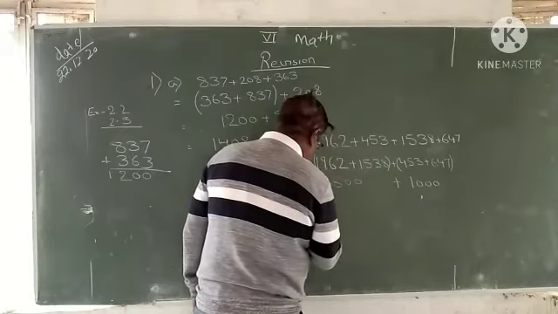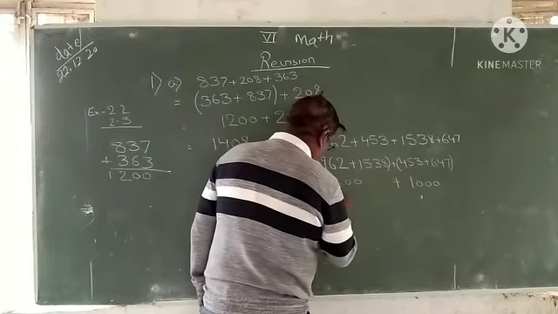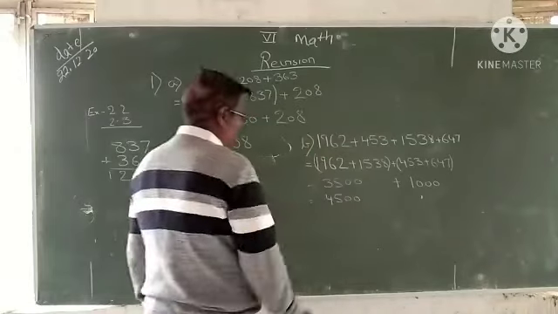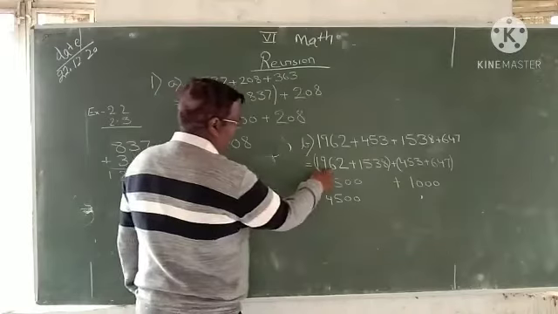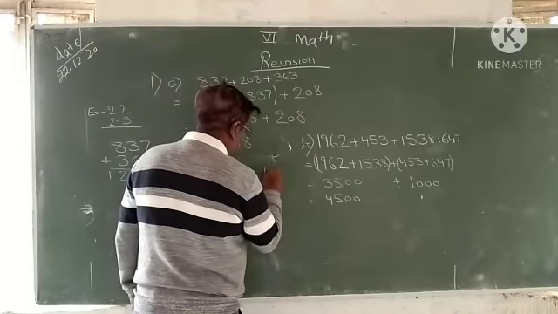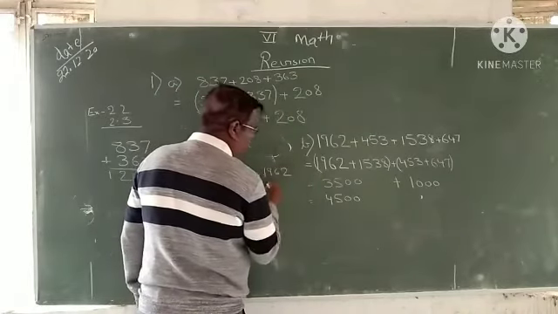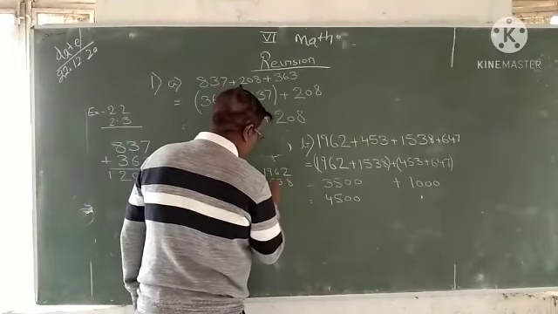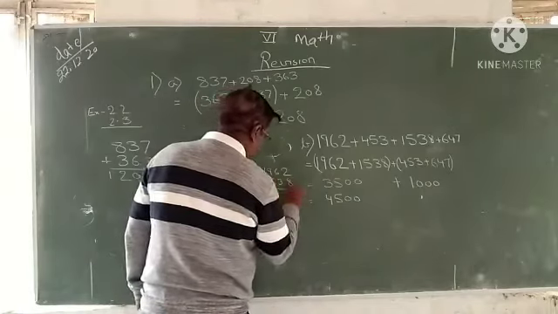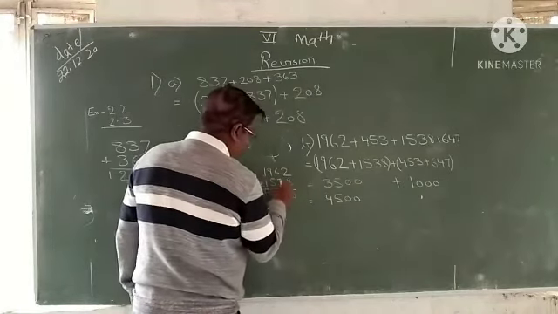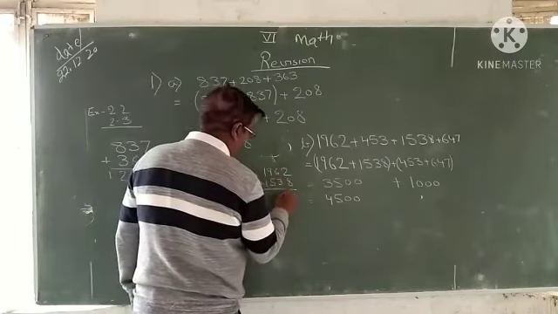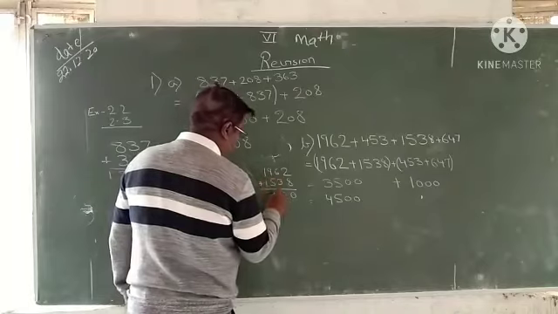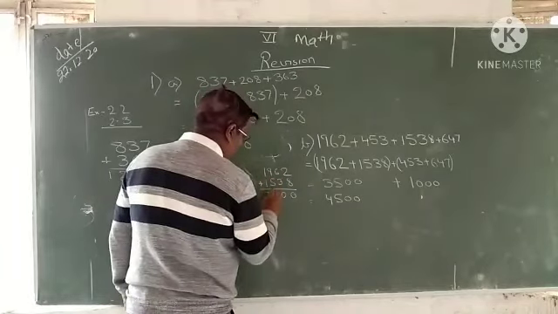When we add the two figures, it comes as 4500. Now let's see 1962 and 1538: 8 plus 2, 10, carry 1; 6 plus 3, 9 and 1, 10, carry 1; 9 and 1, 10, 10 and 5, 15, carry 1; 3.